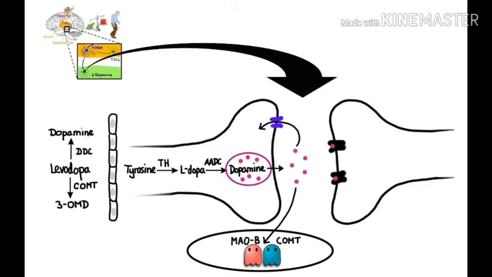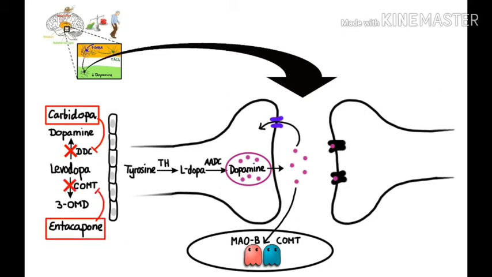Because of this, levodopa must be administered with another agent, called carbidopa, which inhibits dopa decarboxylase and thus reduces metabolism of levodopa in the periphery. Another agent that is used in combination with levodopa and carbidopa is entacapone, which inhibits peripheral COMT, and thus, just like carbidopa, it prolongs the time that levodopa is available to the brain.